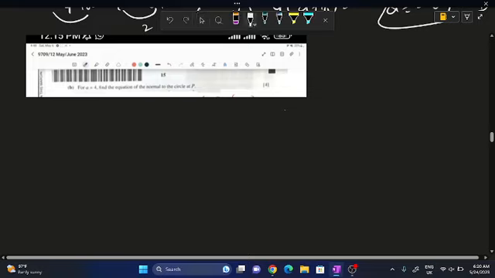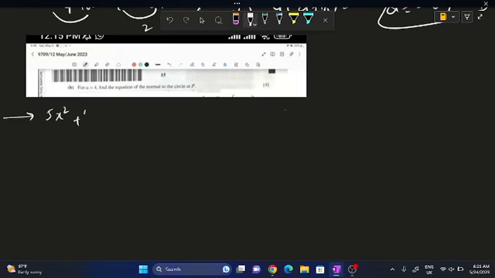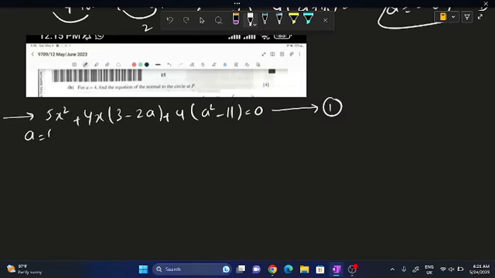First of all, write down the main equation that you have. It was 5x square plus 4x(3 minus 2a) plus 4a square minus 11, which is equal to 0. That was equation number 1 according to the first part. Now you have to check for a equals 4, so plug in a equals 4 in this equation.